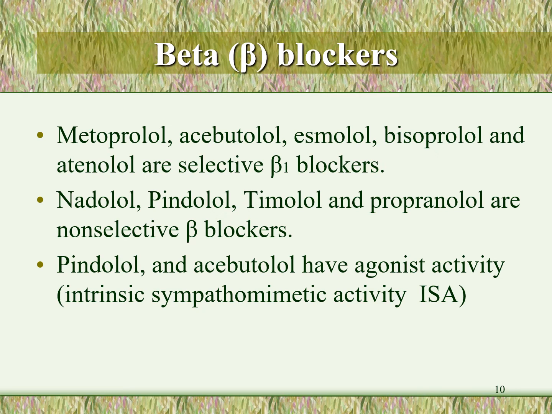This is called intrinsic sympathomimetic activity, and this is very important from a clinical viewpoint because theoretically it can be used safely in patients who suffer from heart failure. Now, with heart failure, beta blockers can worsen it. Generally, beta blockers are contraindicated in patients with heart failure, but theoretically, beta blockers having intrinsic sympathomimetic activity, that are partial agonists, can be used in patients with heart failure.